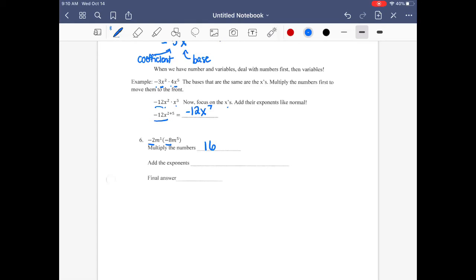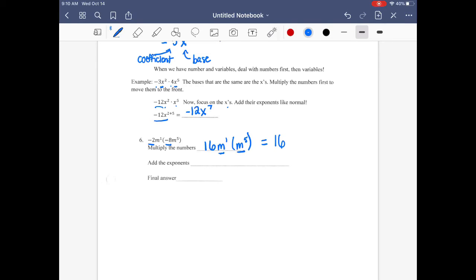Now, we still have that m to the first that was on negative 2, and we have that m to the fifth that was on negative 8. So now we are going to work on adding those exponents. So this is the same thing as 16.